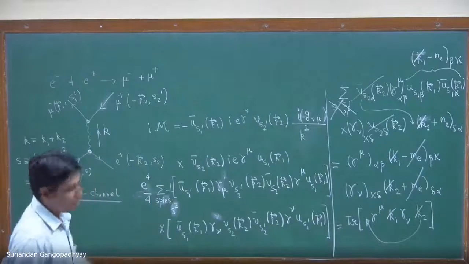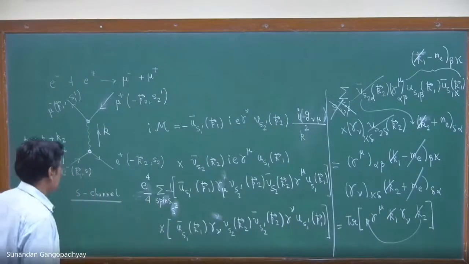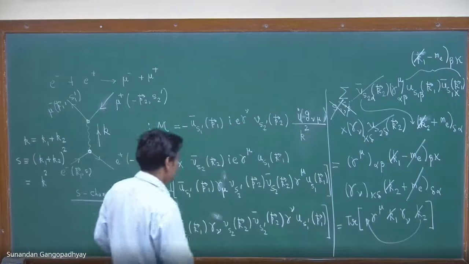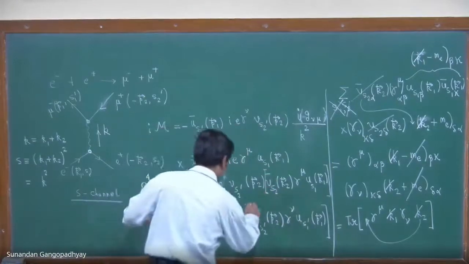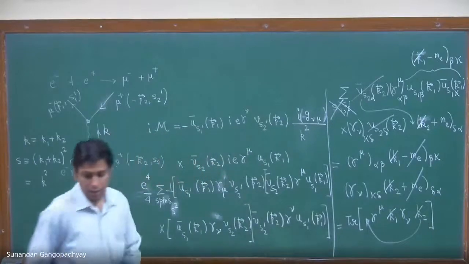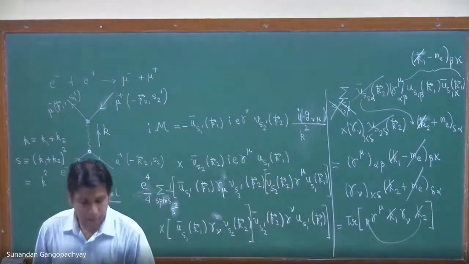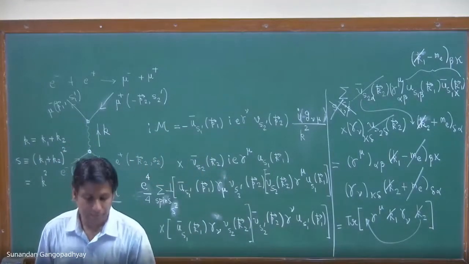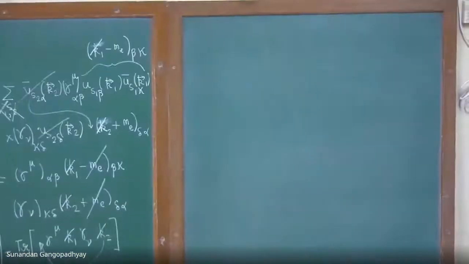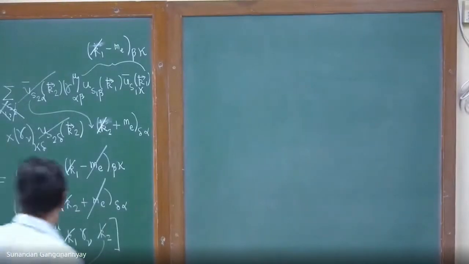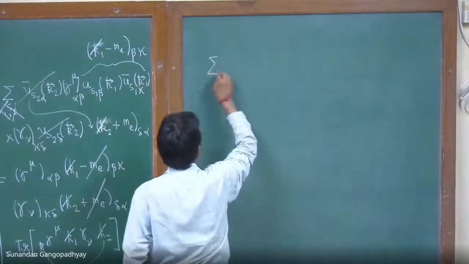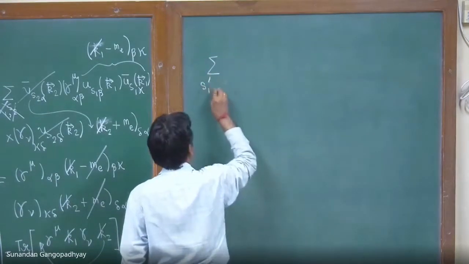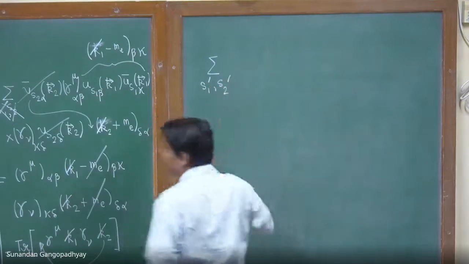So the sum over S1 and S2 is done. So now, therefore, this part is done. From here to here, this part is done. Let us do the sum over S1 prime and S2 prime. So now the remaining part that is there is S1 prime and S2 prime.